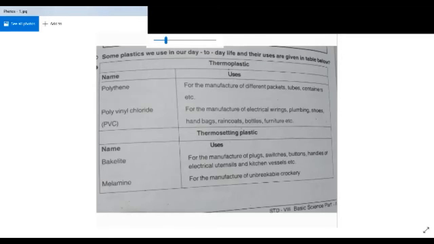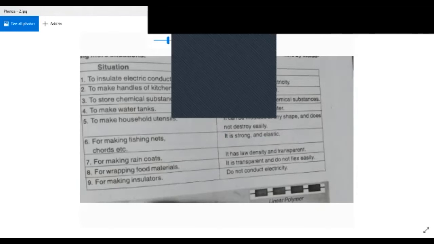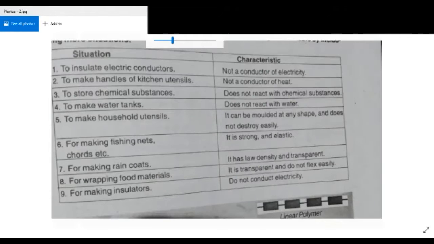Look at this figure, situation and characteristic. First one, to insulate electric conductors. What is the characteristic it is based on? Not a conductor of electricity. And the second one, to make handles of kitchen utensils. What is the characteristic? Not a conductor of heat. That's why we are using plastic material for kitchen utensils.